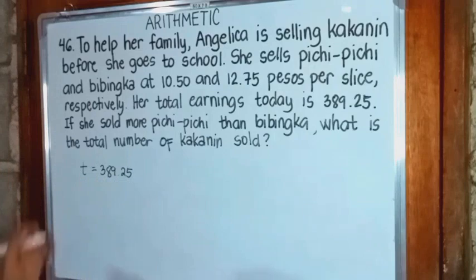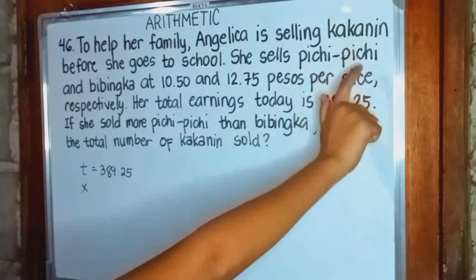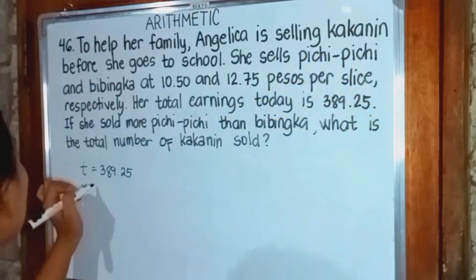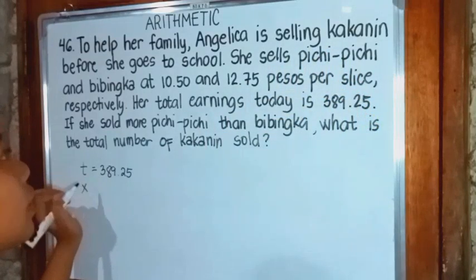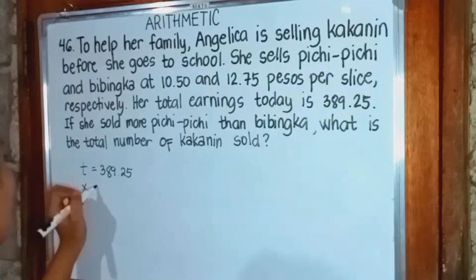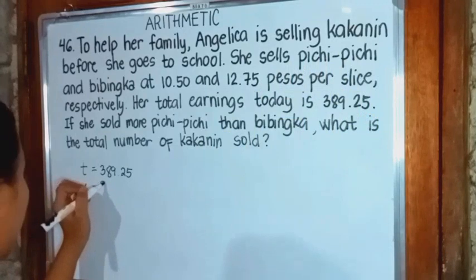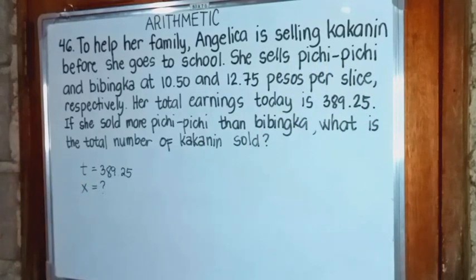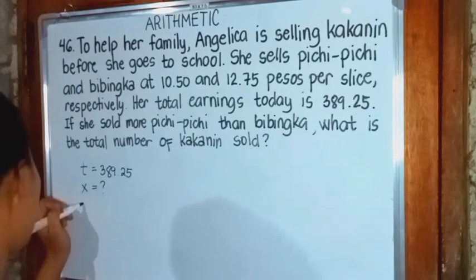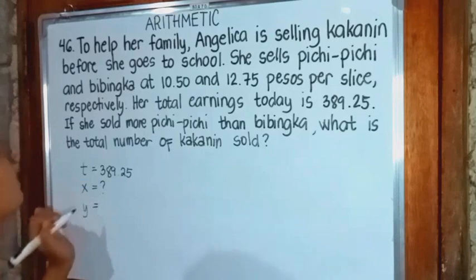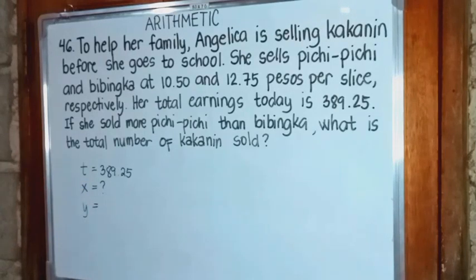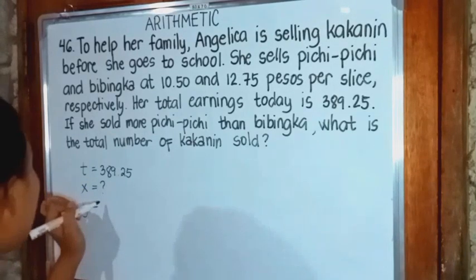Let X be the number of pichi-pichi sold by Angelica, which is not yet found, and Y as the number of bibingka sold by Angelica.